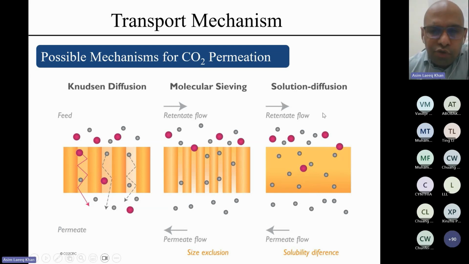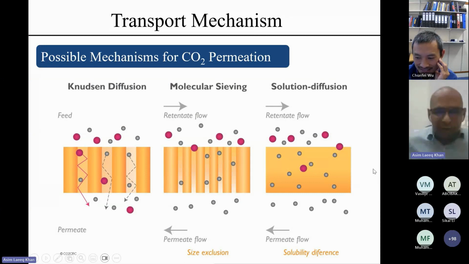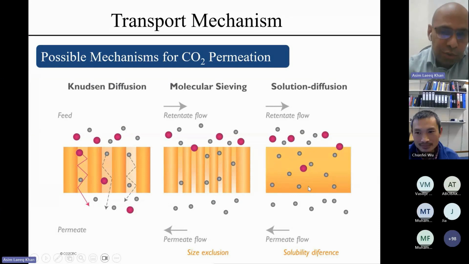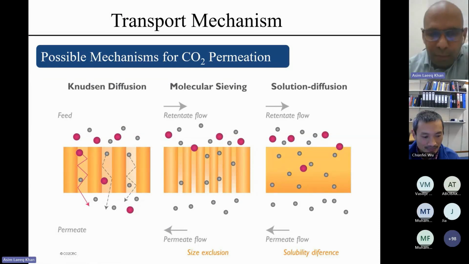Solution diffusion is a three-step process. In the first step, the permeating molecules are absorbed, then they diffuse through the thickness of the membrane, because these are generally polymeric membranes that have free volume inside, and the chains are always rotating around their axis and mobile.